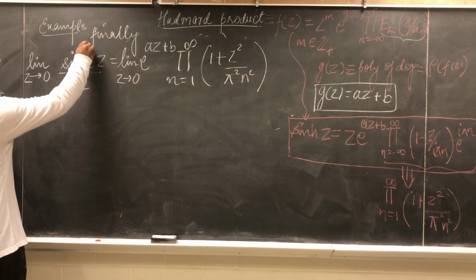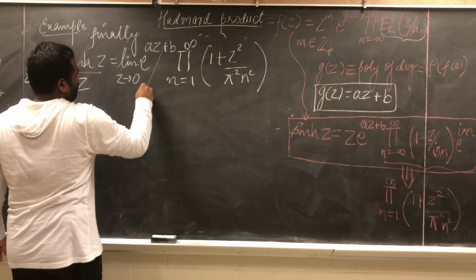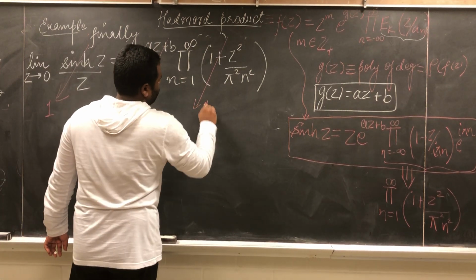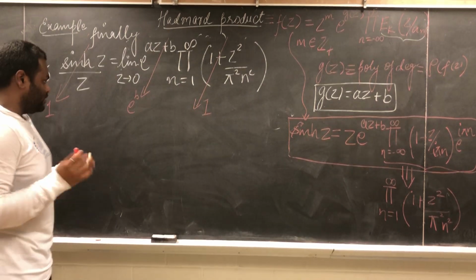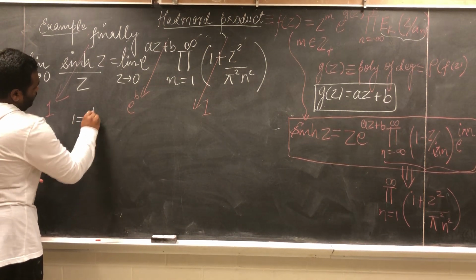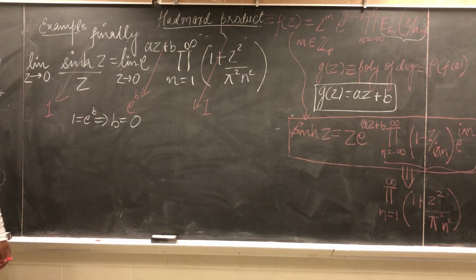So this is e to the b, this is 1. So technically, we have nothing but 1 equals e to the b, which implies that b is nothing but 0, right? Okay?